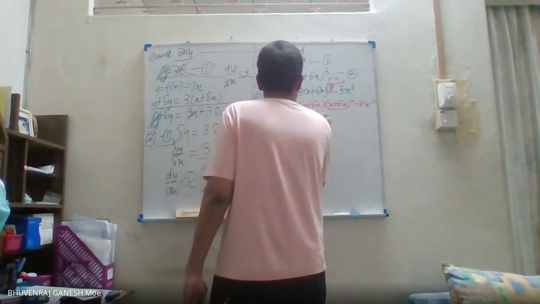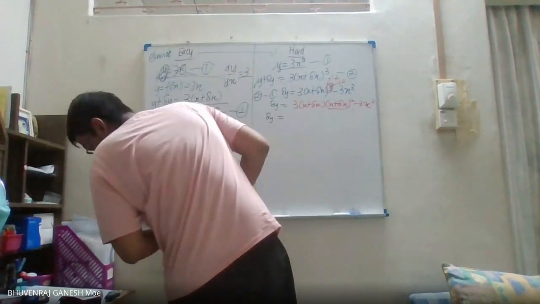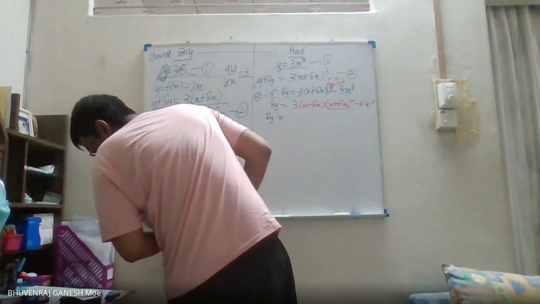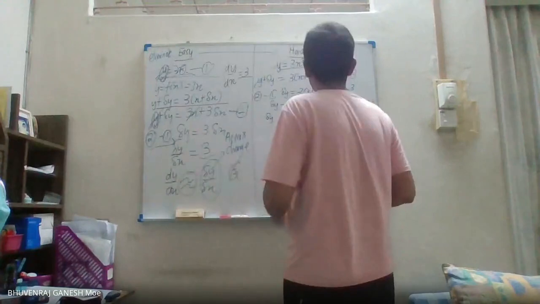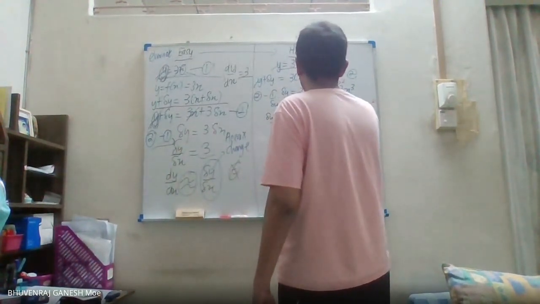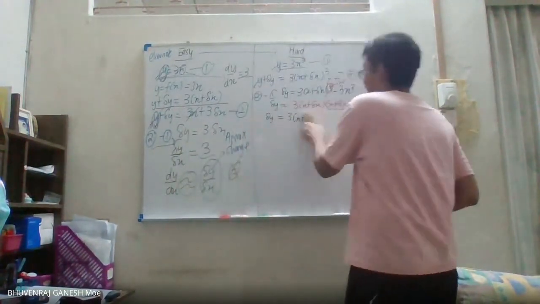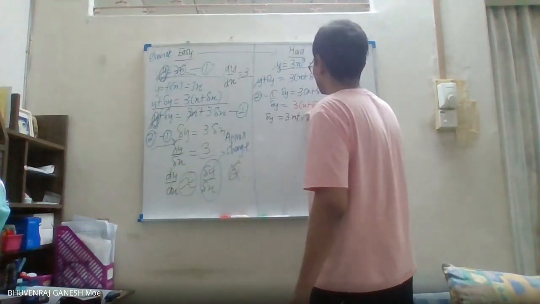So delta y will be equal to 3x plus delta. Actually, here we can expand, I think. Wait, let me see. I think don't expand first. Actually, can expand this one, because I don't like so many brackets. 3x plus 3 delta x.